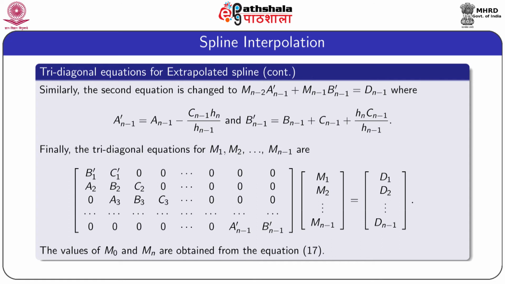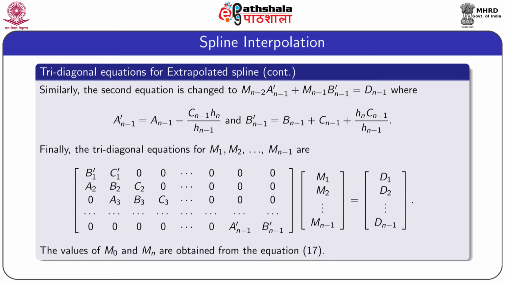Similarly, the second equation is changed to mn minus 2 an minus 1 dash plus mn minus 1 bn minus 1 dash equals dn minus 1, where an minus 1 dash and bn minus 1 dash are given in the following two equations.